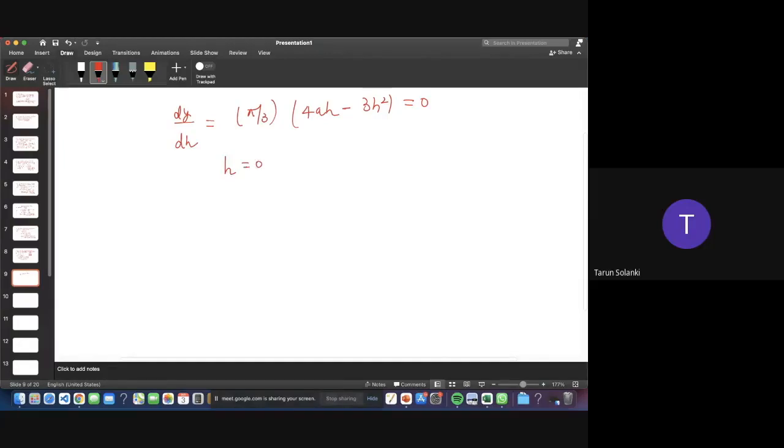So h = 0 or 4a/3. So h = 0 is rejected, then h = 4a/3, which is 2/3 of 2a. So h is 2/3 of the diameter. Okay, so this is the answer.